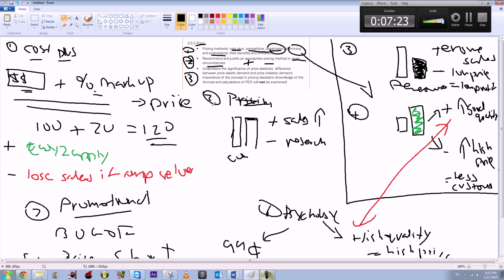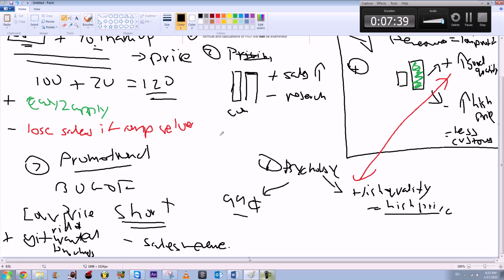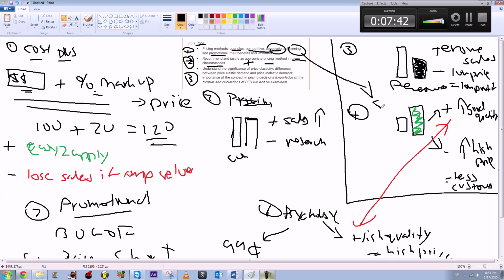So that's 7. And for number 2, recommend and justify. As I said earlier, you just have to use your common sense. Most of these apply for all situations, but when I do lots of past papers, the promotional one and the price skimming one only apply to a few situations.